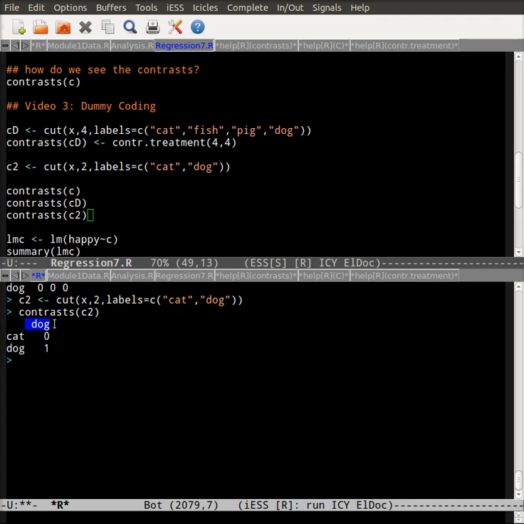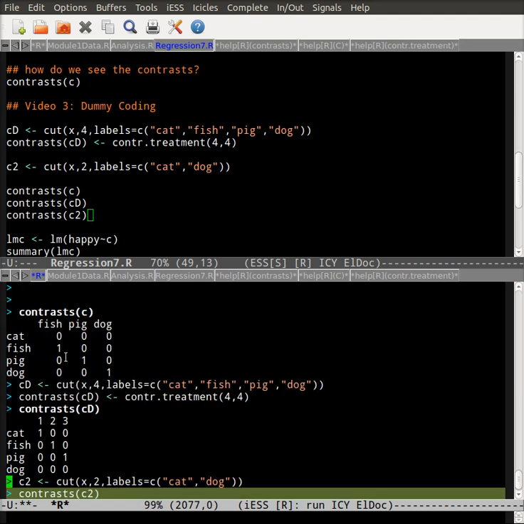If we have k categories, in this case 2, we will get k minus 1 dummy codes. Similarly, we have 4 categories here: cat, fish, pig, and dog. And so we will get k minus 1, or 3 dummy codes: fish, pig, and dog.